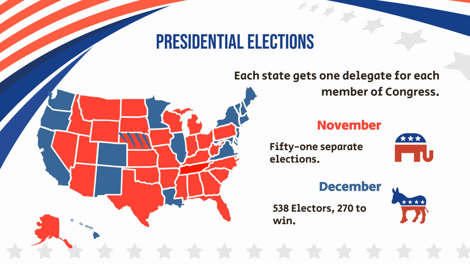The state here is coded blue because the fact of the matter is that in this last election, the Democrat candidate got more votes in New Mexico's popular vote during the November election than did the Republican. And so it was the Democrats, the party of the candidate who got the most votes in that state, who got to choose all 5 of those electors.